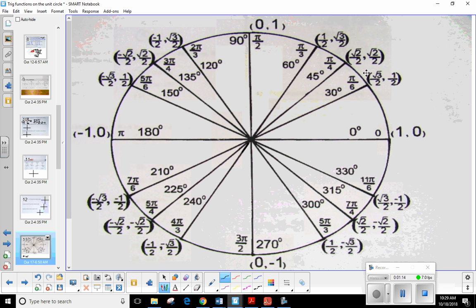So if it was a multiple of 30, remember we are counting by 1/6. So 1/6 pi, 2/6 pi, which becomes the 1/3, 3/6 pi, 4/6, 5/6, all the way around to 12/6 pi. Okay, simplifying if necessary.